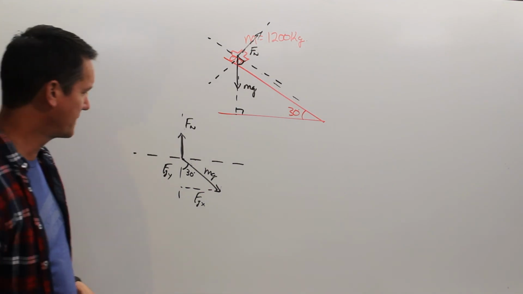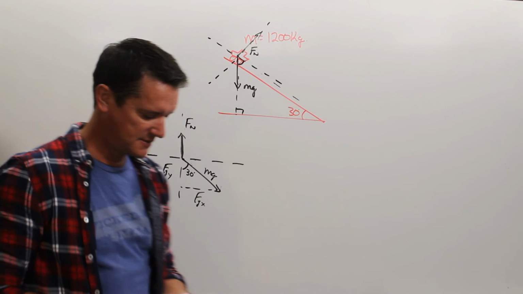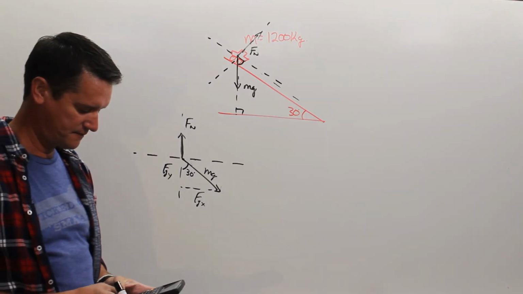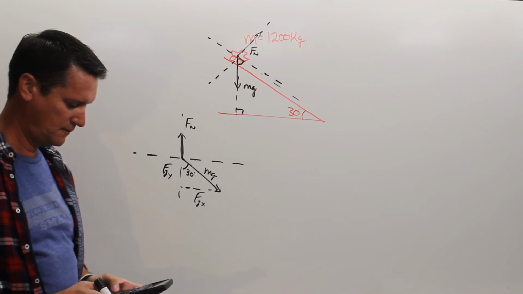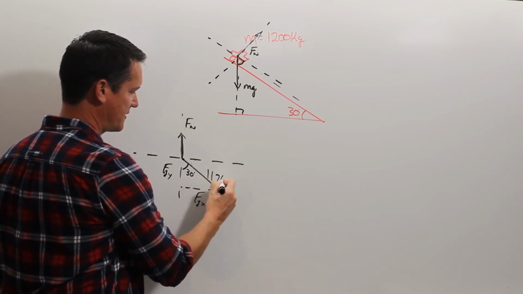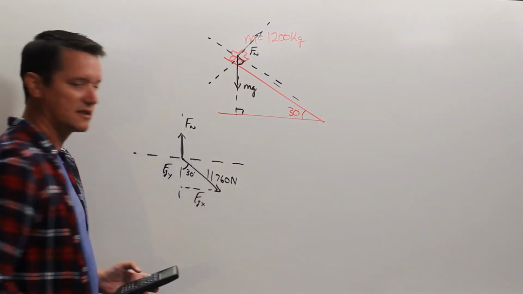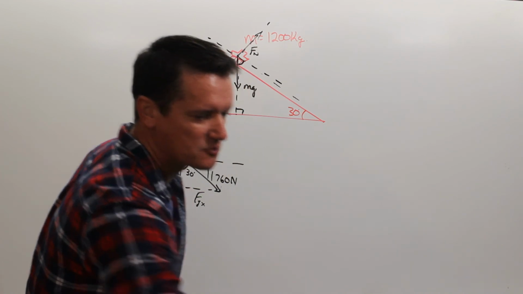So if we do some trig, this is 1200 times 9.8, so 11,760 newtons is the force of gravity. The force of gravity in the x direction is going to involve some trig.